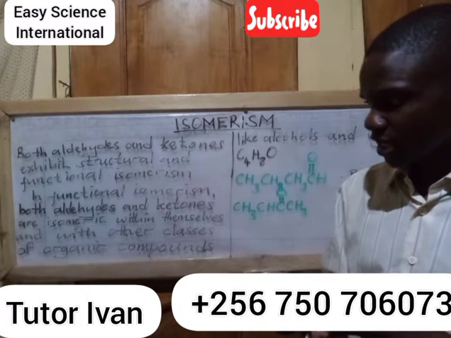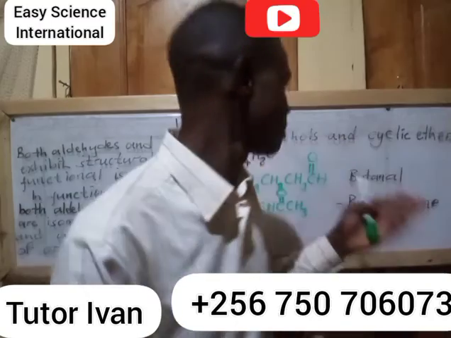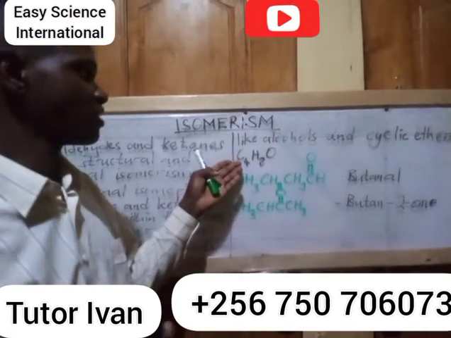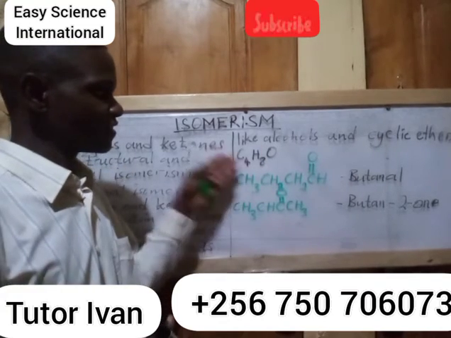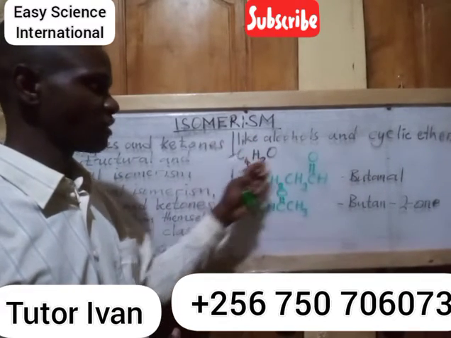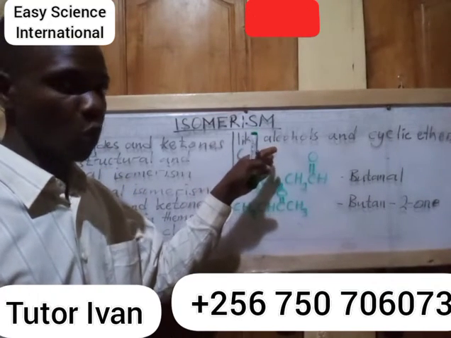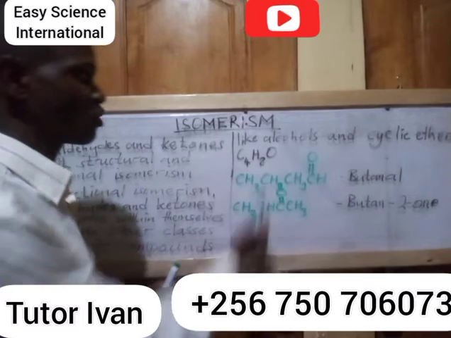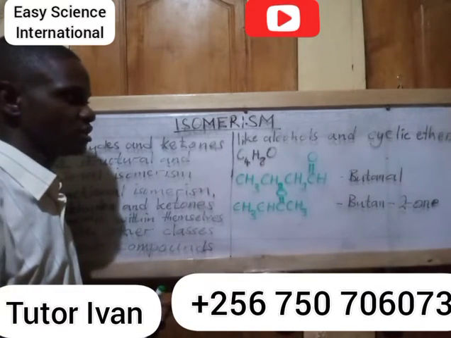An example we can look at is a compound with C4H8O. This is one molecular formula, C4H8O, that is basically having one oxygen, 4 carbon atoms, and 8 hydrogen atoms.